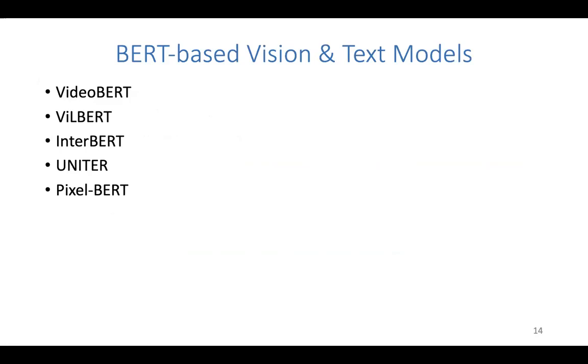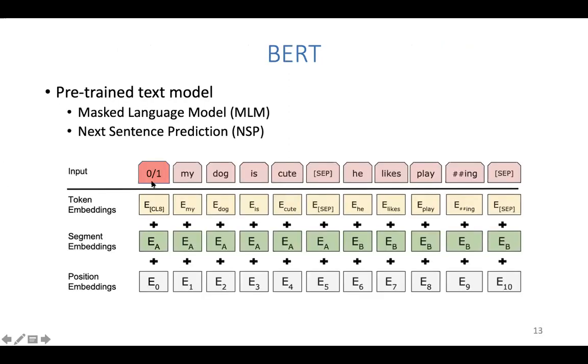I'm not sure what that's short for; it's like Unified Vision Language Pre-trained Model or something. There are a lot of different variants, but they are all based on repeated layers of transformer encoder, and they use these 2 tasks to pre-train the model for vision-text multimodality.